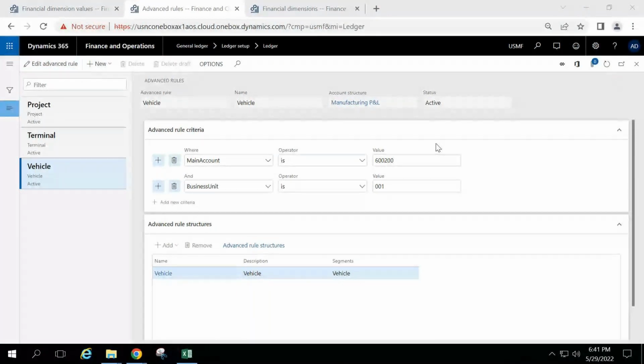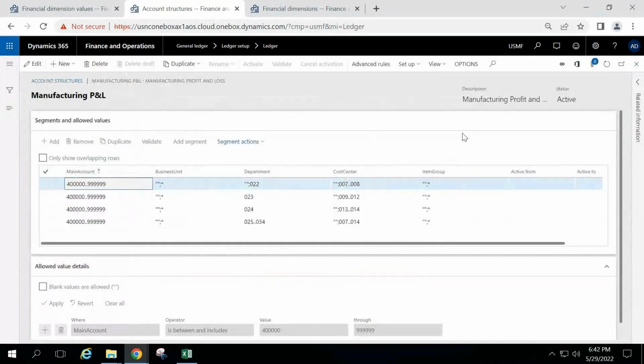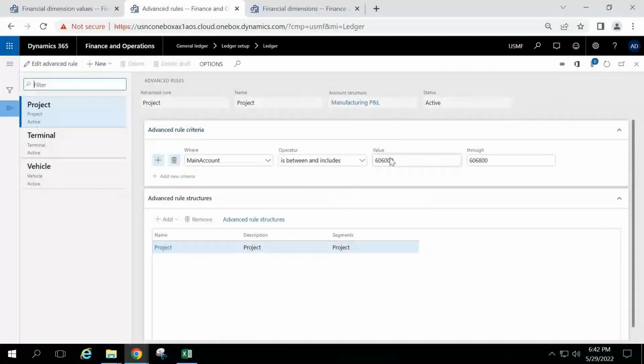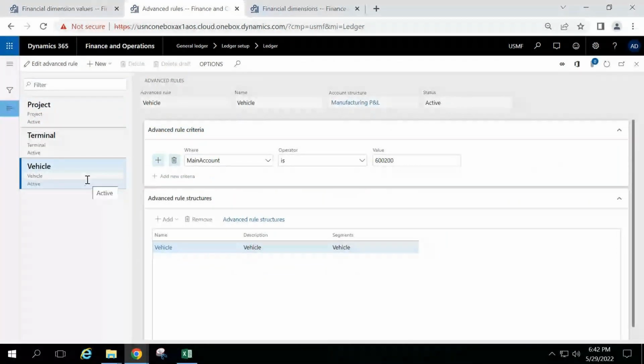Now close it. Now you need to activate here. Go back to the advanced rule once again. But here, why are you using a business unit? Close this one, I will tell you.